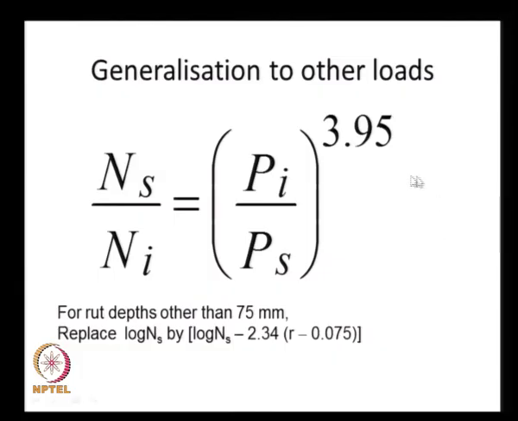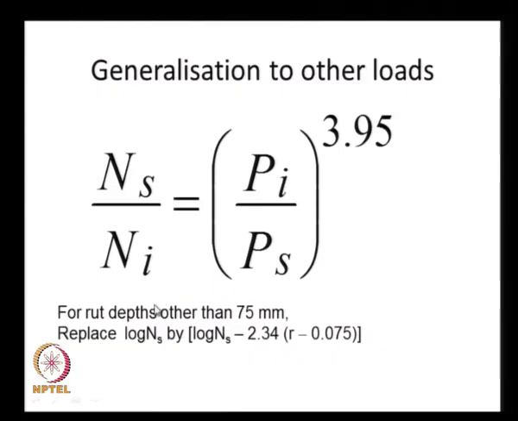For any other wheel load of Pi, the number of load passes Ni is related like this: Ns by Ni is Pi by Ps to the power 3.95, where Ps is the standard axle load of 80 kilonewtons, Pi is any other axle load, and Ni is the equivalent number of load passes as compared to Ns.